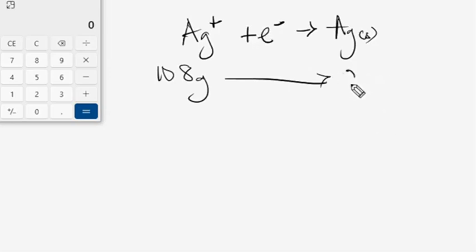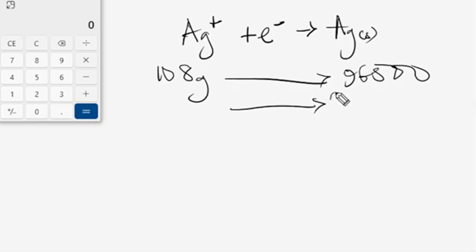So that's 96,500. So since it's this way, let's also say we are looking for the mass of silver here, right? So what mass of silver will now require the charge?